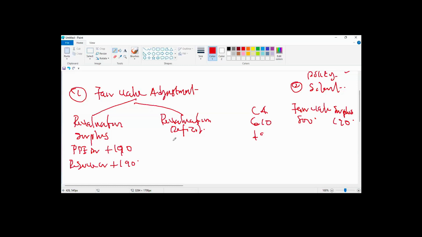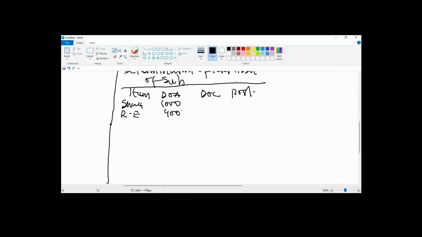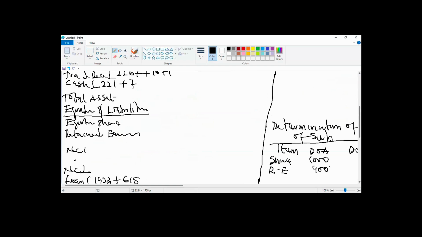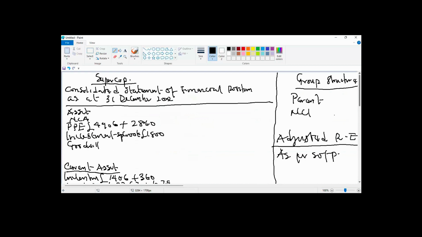If it is deficit, it is the opposite: PPE credit, minus, reserves. Let me post this 190. This 190 is a must in any question. PPE, I will debit. Don't forget, if I'm debiting PPE, I'm increasing it, plus 190 debit.